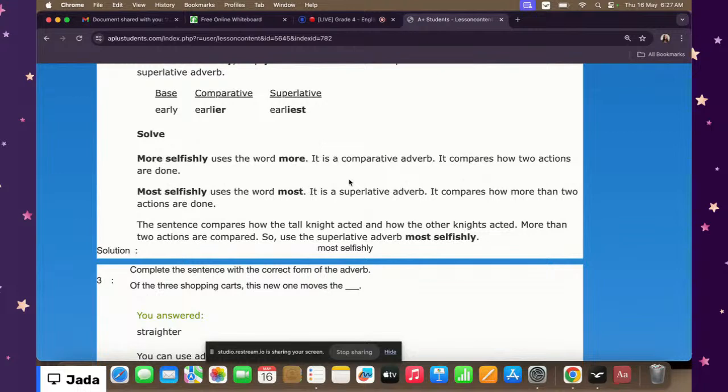And in this sentence it says that the knight acted and how the other knights acted. So there's one knight and there's other knights as well, so it is more than two actions, so you have to use most selfishly. Okay, so you have to take note and see, is it between two actions, or between more than two actions. Okay.